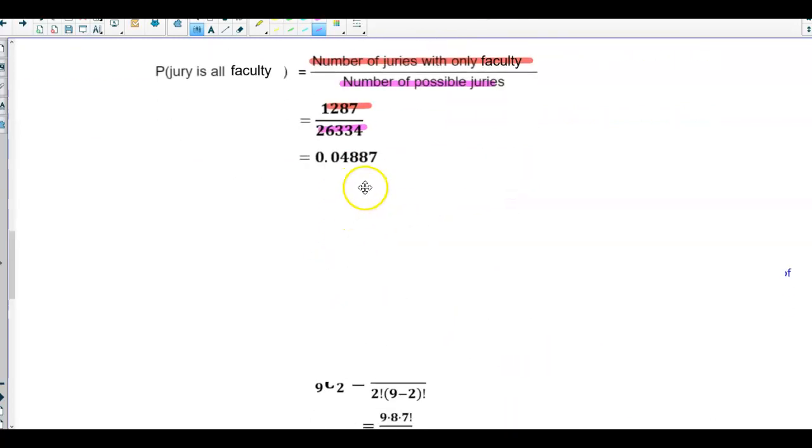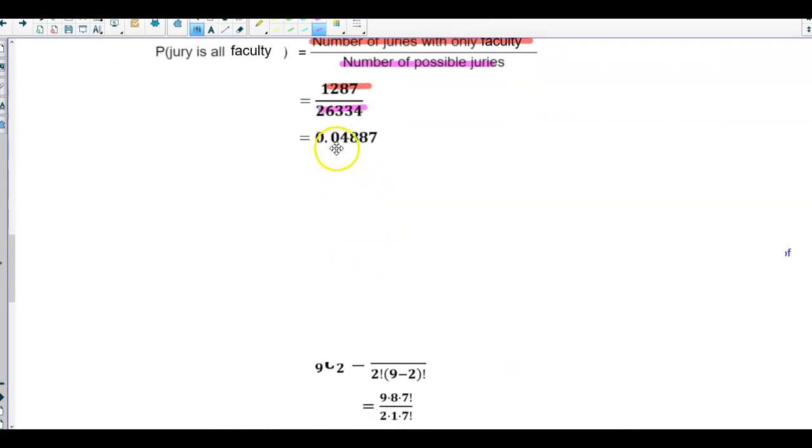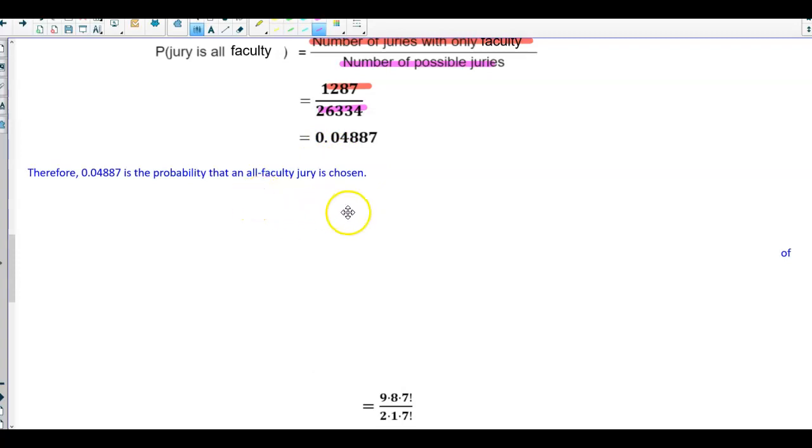Rounding this result to 5 decimal places gives us 0.04887. Therefore, 0.04887 is the probability that an all-faculty jury is chosen.